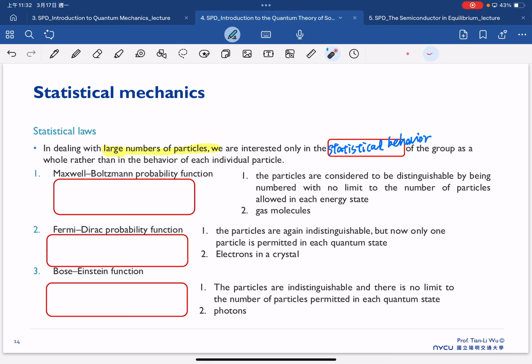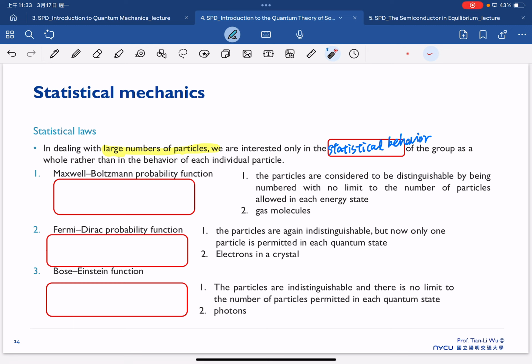It's not possible to determine the behavior of each one, so we want to understand the behavior of all. That's why we need to apply certain statistical laws here. There are three main statistical functions that we very often use to deal with different kinds of particles or carriers.